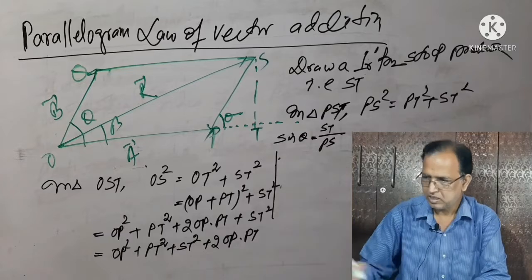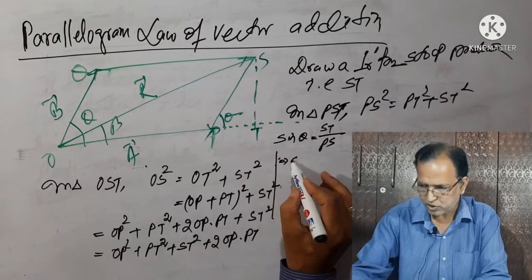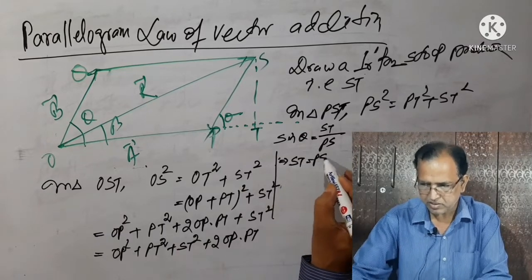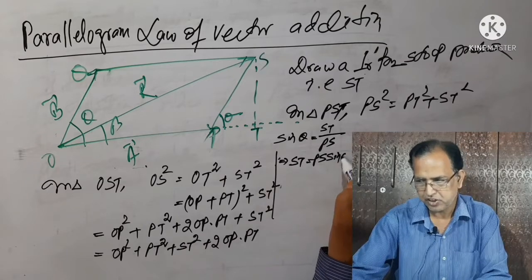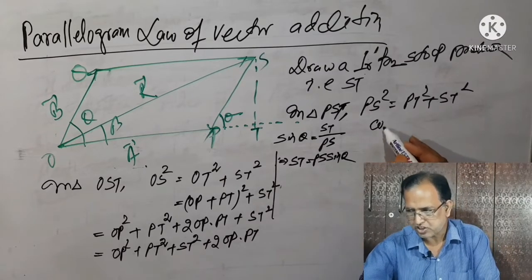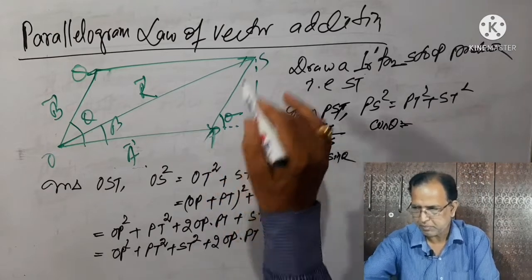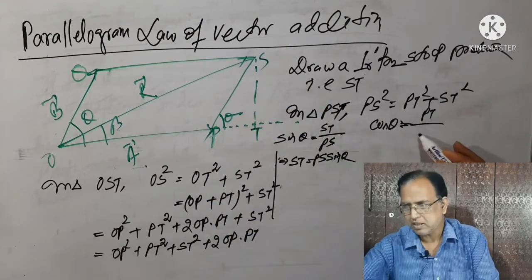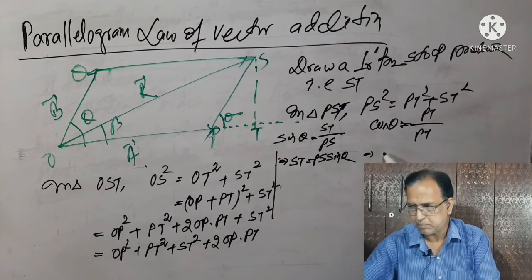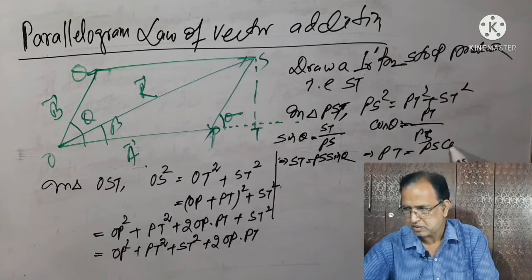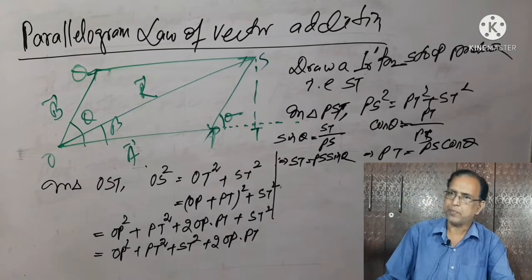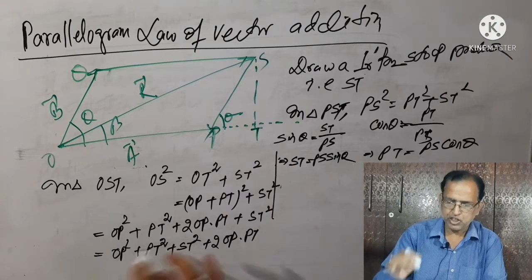This implies ST is PS sin theta. Cos theta is equal to PT by PS. This implies PT is PS cos theta.